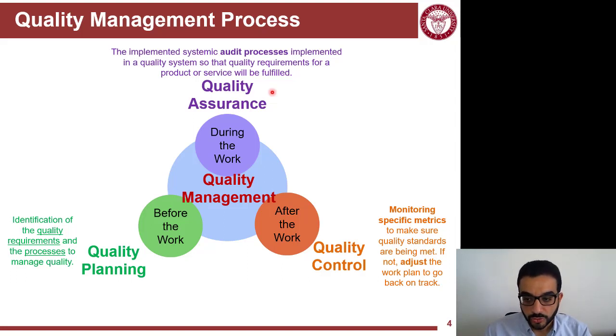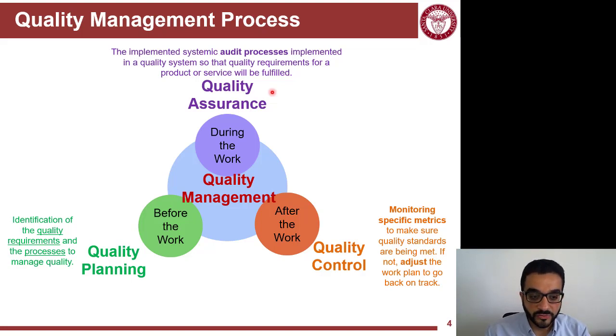So you're monitoring specific metrics here that relate to the requirements, and then you're trying to make these measurements, and based on these measurements, you adjust any work plan or settings that you have to go back on track in terms of achieving the requirements.